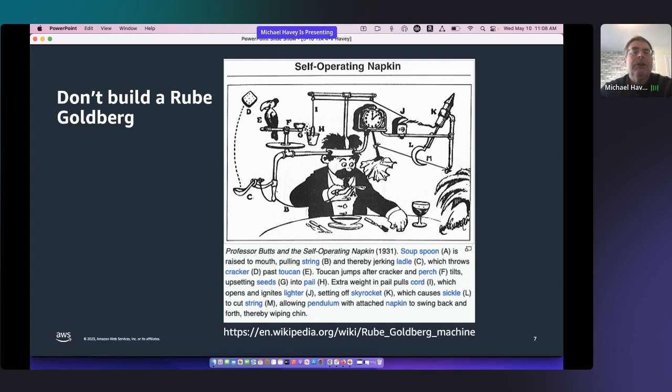The bird will chase after the cracker, and I guess that will spill some of the seeds into a bucket, which will burn the string that holds the rocket in place. When the rocket flies into the air, the hook on the end of the rocket will catch the pendulum arm of a clock, which holds the napkin, which will wipe the man's mouth.